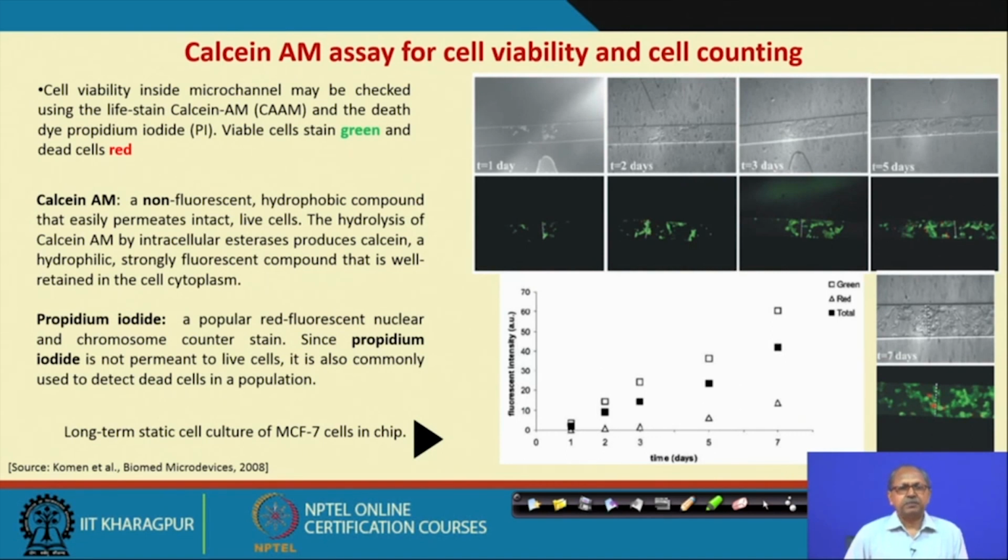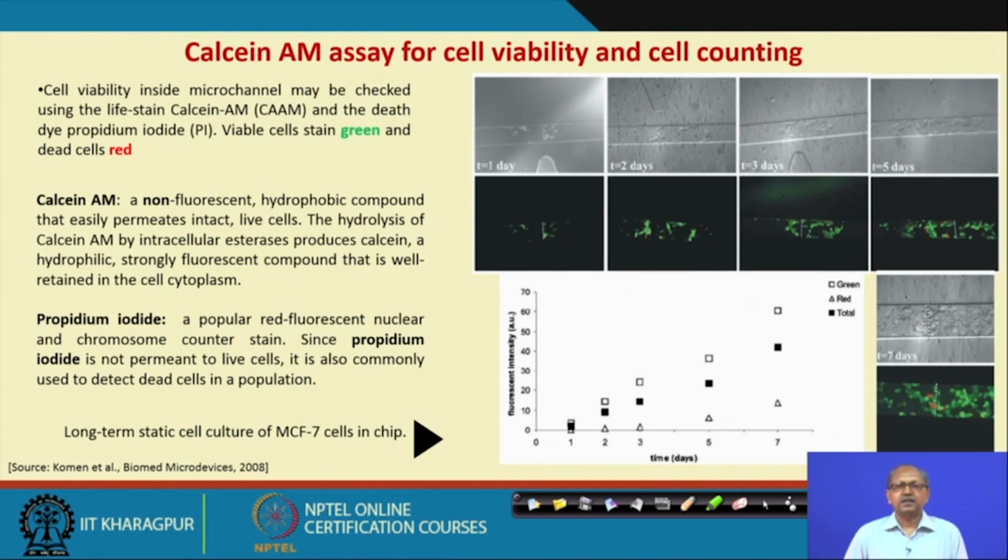Whereas PI is a hydrophilic probe that live cells will not allow to enter, whereas dead cells will. PI can easily enter the dead cell and stains the nucleic acid or nucleus red.